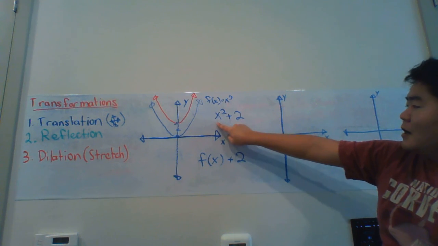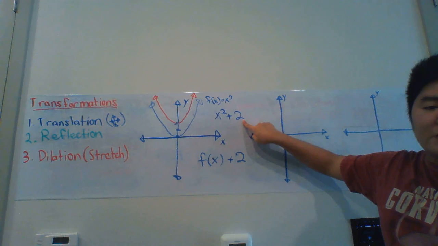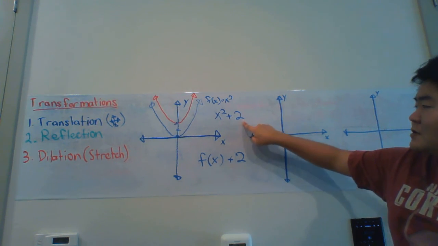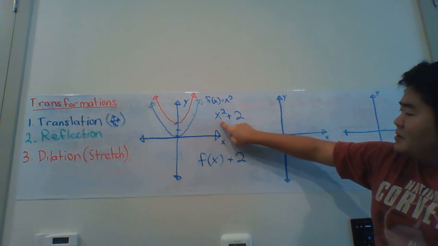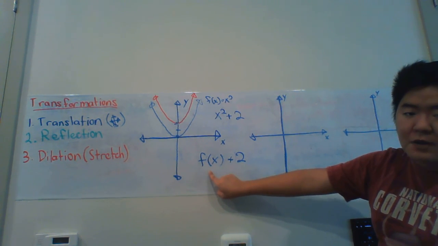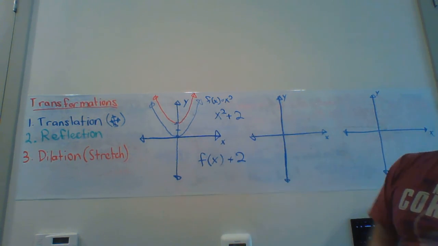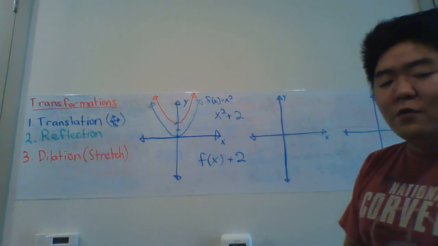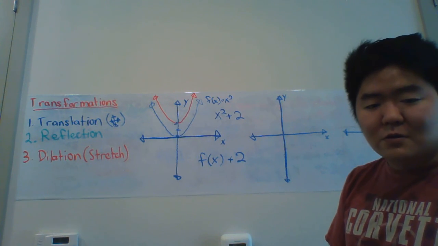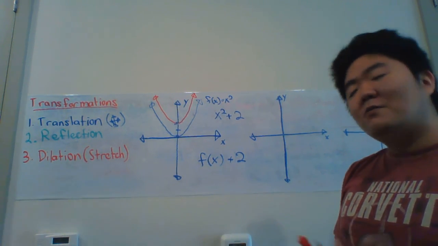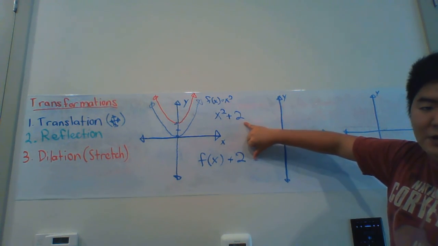So in this case, I know I'm doing x squared plus 2 from yesterday, but since f of x equals x squared, they're the same thing. I'm going to replace this x squared with f of x. So these two are saying the exact same thing, but you're going to see it in both forms. So you just have to be aware and know how to translate between the two. It's a skill that we'll continue to work on. But that's translating up and down.